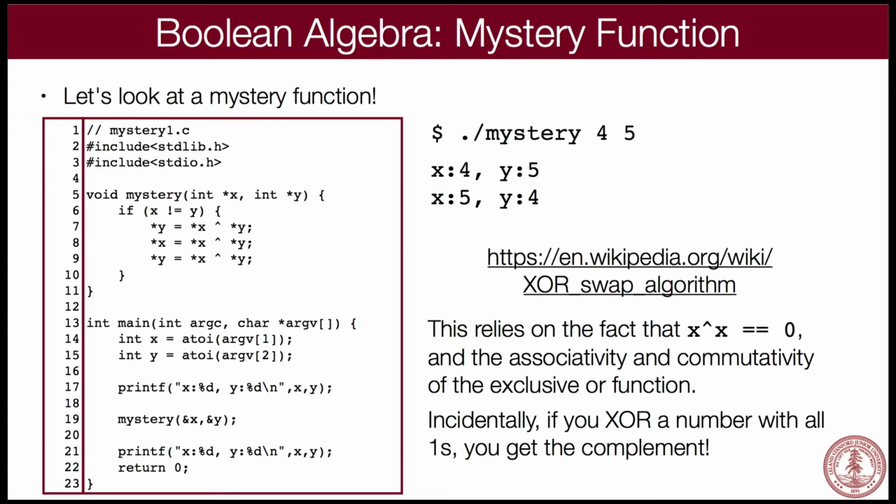Yeah, Davis. Why do you need the asterisks in this case? Yeah, so this is where reading the C primer is going to help and remembering some of the things we learned in 106B, as it turns out. This means if you're passing in a pointer, you have to dereference that pointer to get to the actual value. Okay?